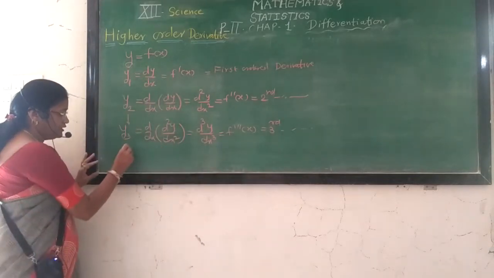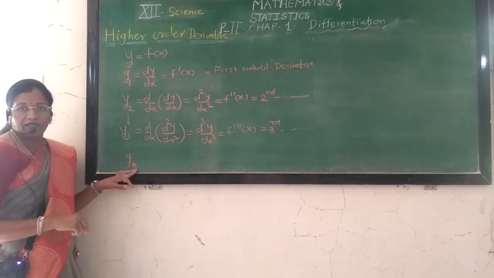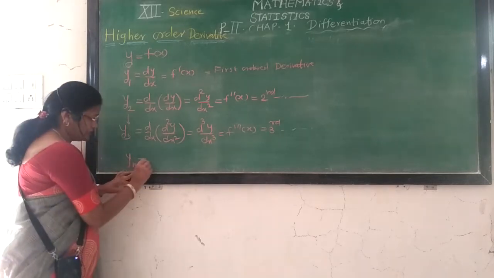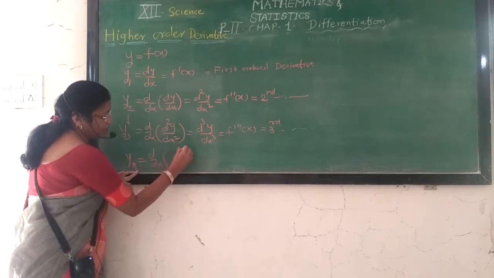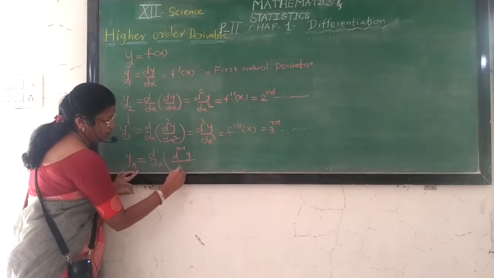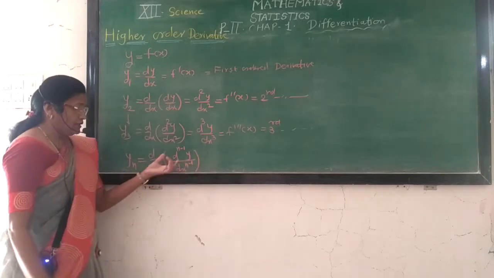Proceeding in this way, we can find yn. yn is nothing but the nth order derivative, that is d by dx of d raised to n minus 1 y by dx raised to n minus 1.